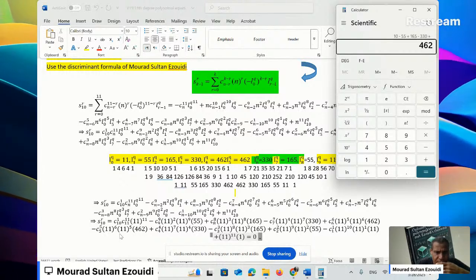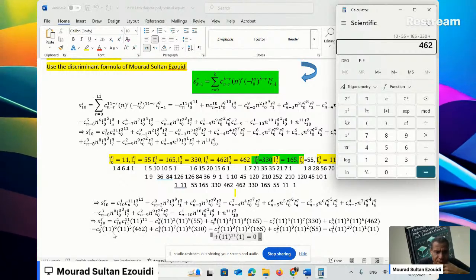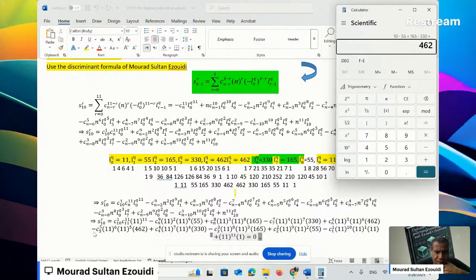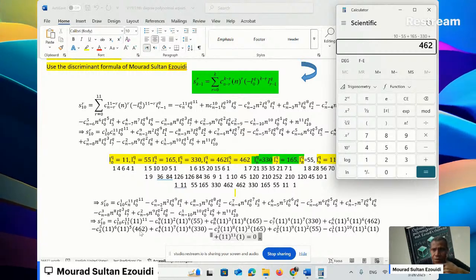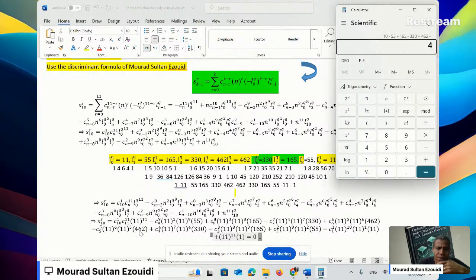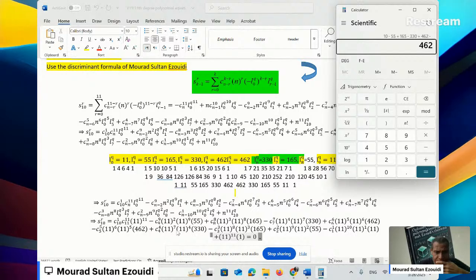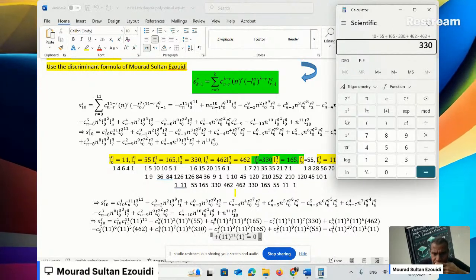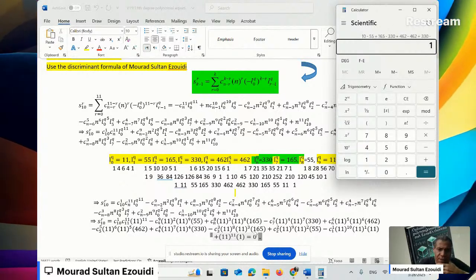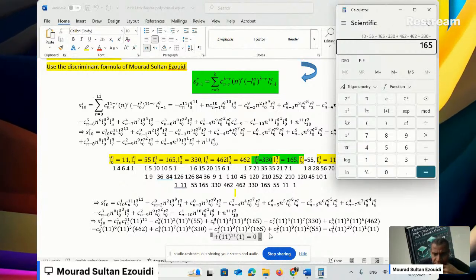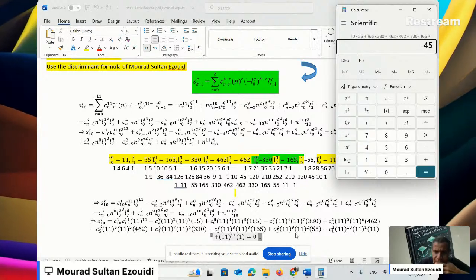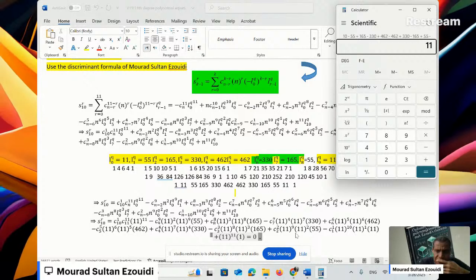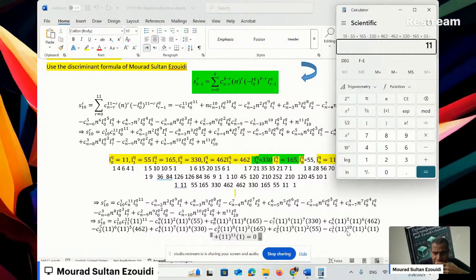And then we have minus 462 because 11 raised to the power 11 is going to be a common factor. 5 choose 5 is 1. I'll just write minus 462, plus 330, minus 165. Okay, plus 55, minus 11. This one minus 11.